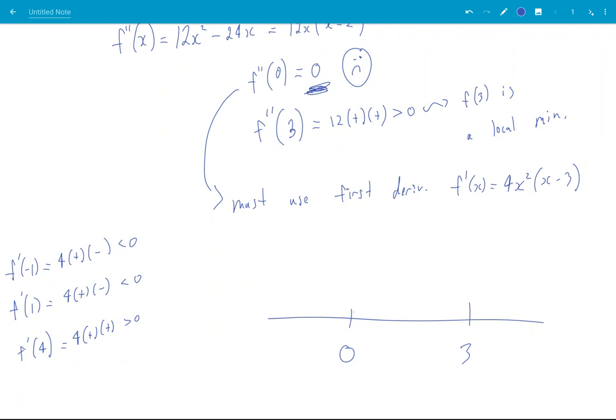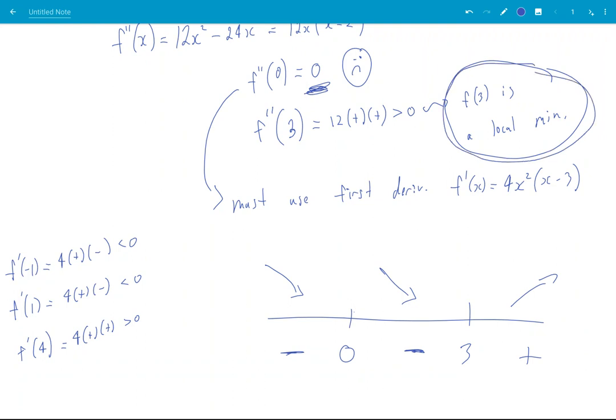So we get negative here, positive here. So my function is decreasing, then it's decreasing, and then it's increasing. So if I look at what I did before, okay, I'm not surprised by what's happening at 3.